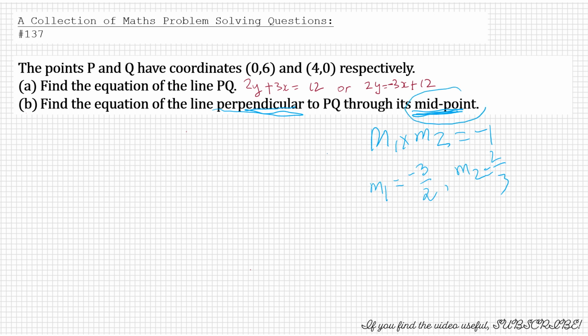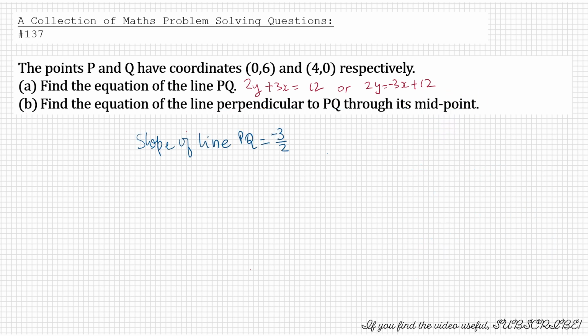And the midpoint formula is x1 plus x2 divided by 2, and y1 plus y2 divided by 2. So first we get the slope, then the midpoint, and then we find the equation of that line.